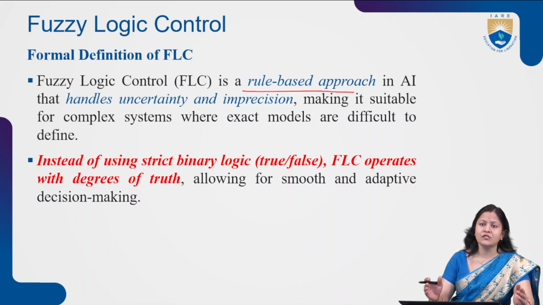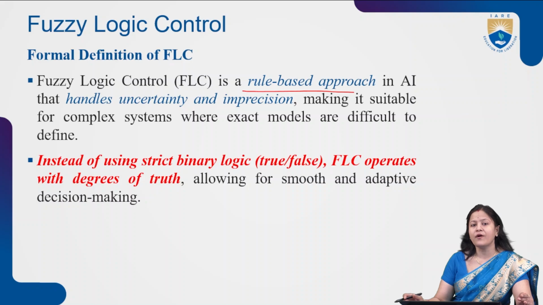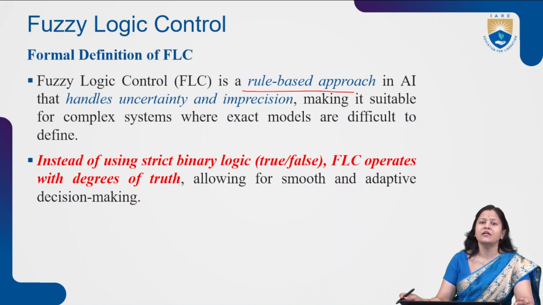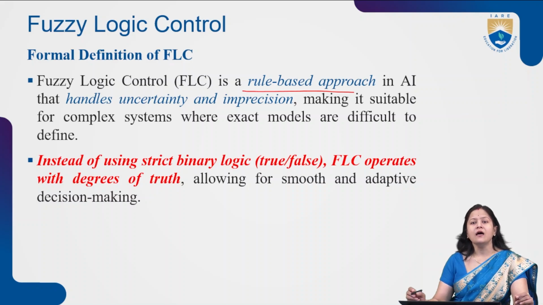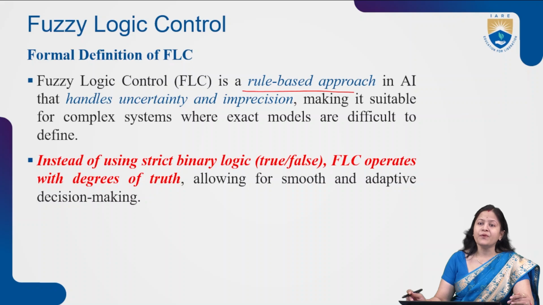In fuzzy logic control, various rules are defined by experts, people who are experienced in their particular domain. The rules are defined using if-else rules. That is why it is called a rule-based approach in artificial intelligence, which can handle uncertainty and imprecision, making it suitable for complex systems where exact models are difficult to define.